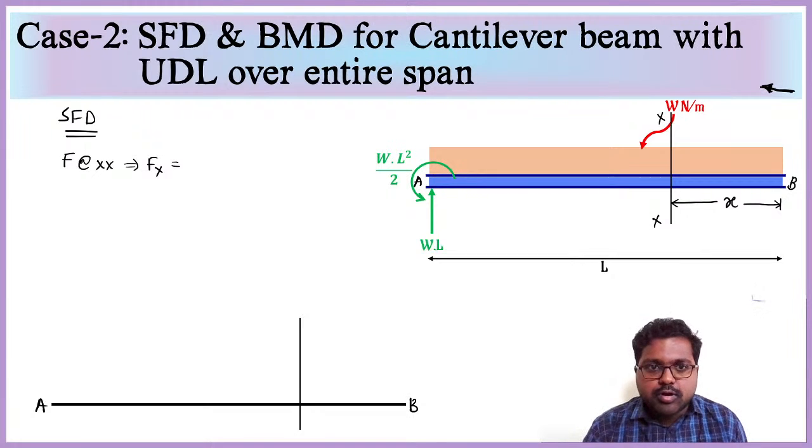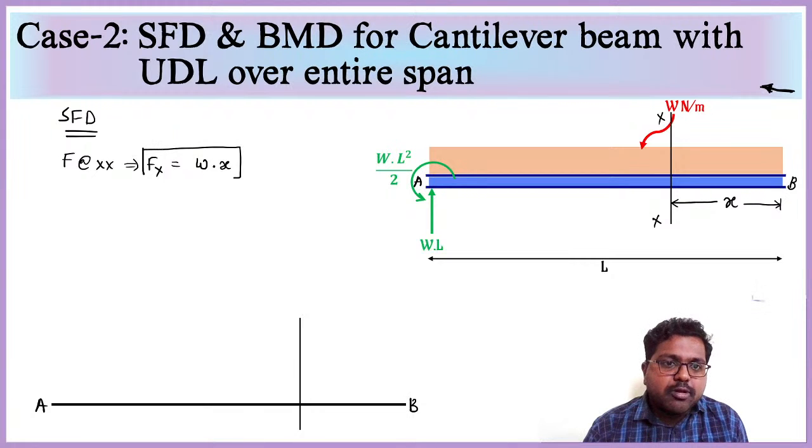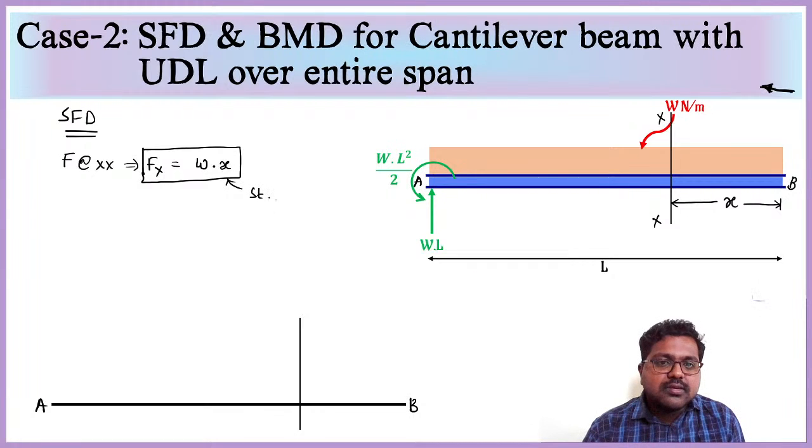So I want to convert it into a total force. W Newton per meter is the load intensity and it is acting over a length of X. So Fx is W into X. See, this is a variable of X, so it will follow a straight line.